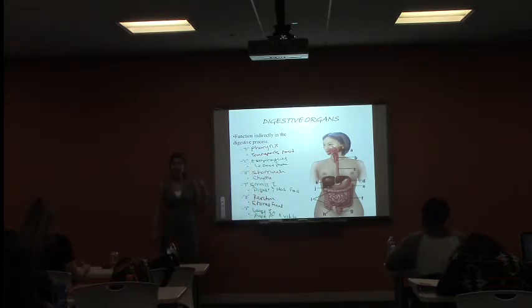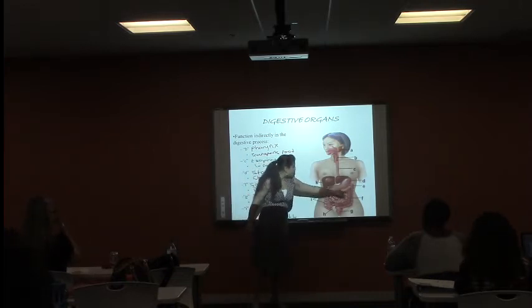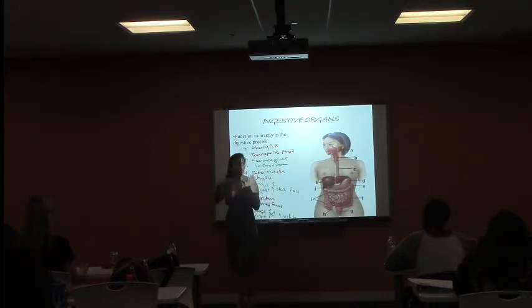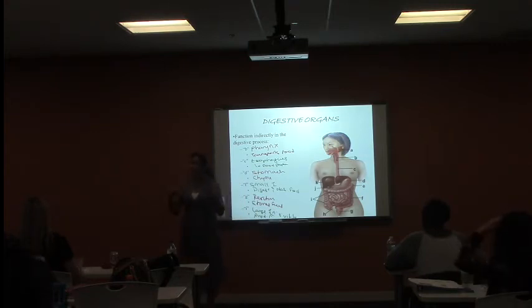So these are the main tubes, and as you can see, they actually look like hollow tubes, within the lumen of which you find food going through. Those are the main necessary organs. The other ones we talked about, liver, gallbladder, food does not enter them. They just secrete products.